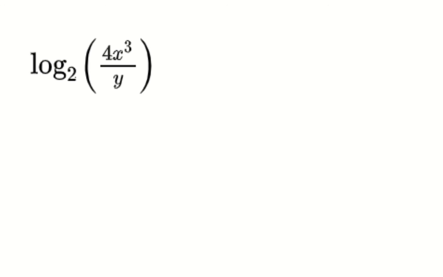With the next one, we actually have division and multiplication, but we want to do the division first, and that has to do with order of operations. I'm not going to go over that, but with a problem that looks something like this, you always want to deal with that division first. Division always becomes subtraction.